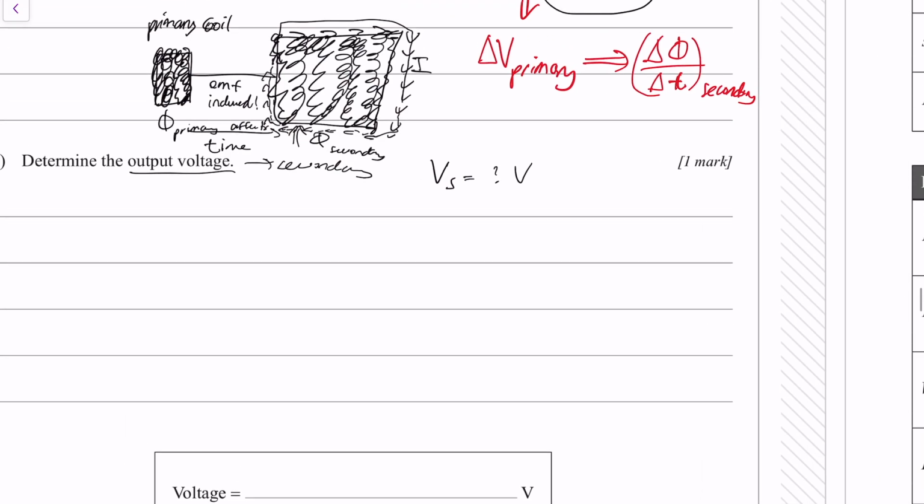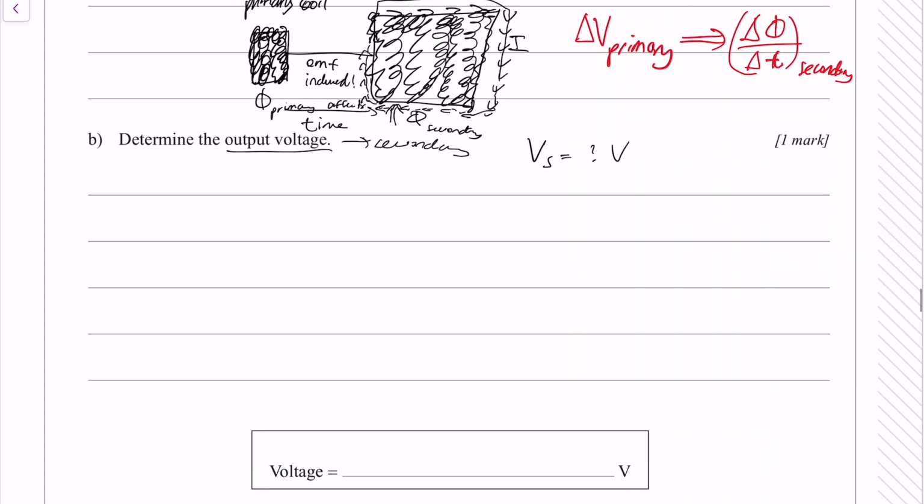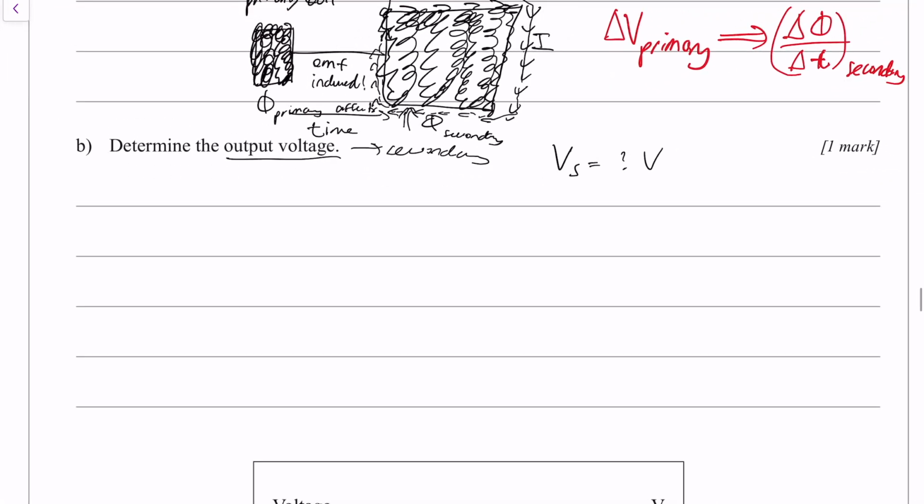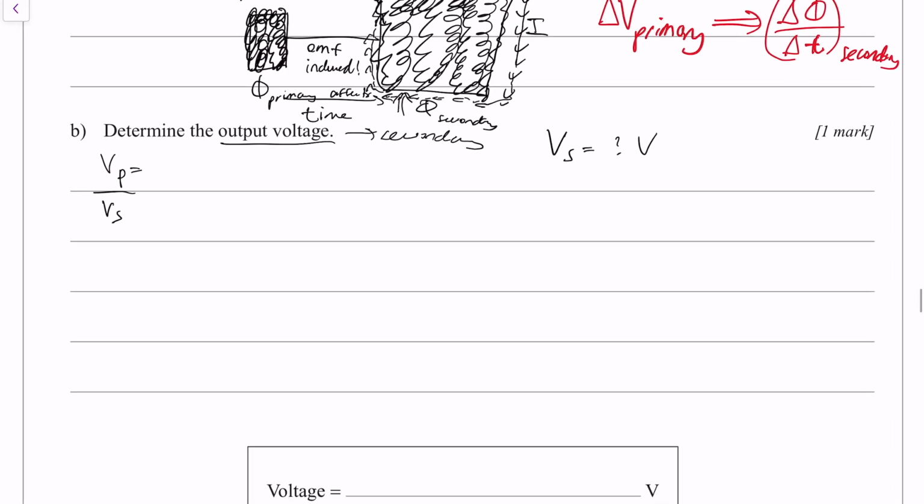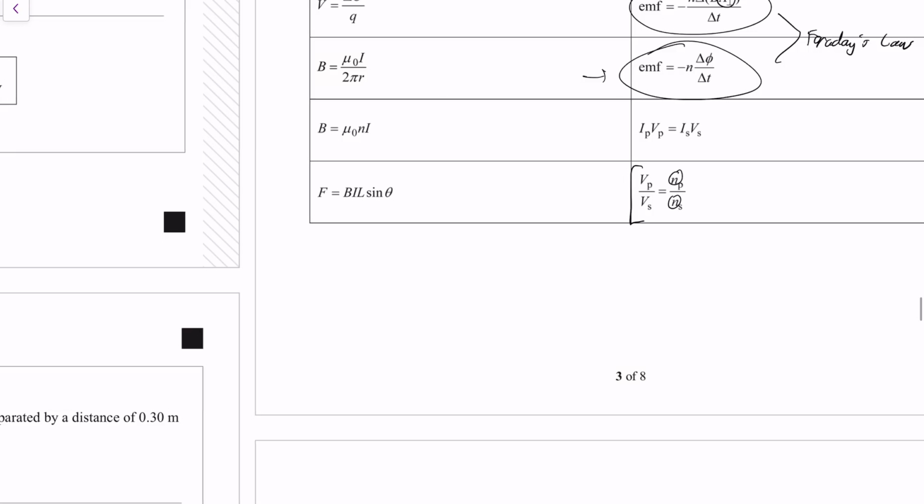I guess at this point what we can do now is just go straight to the formula, to be honest. It's only 1 mark, so this isn't one that requires a lot of working out. You really just get a mark for the answer. Okay, equals n. So that's taken directly, I believe, from the formula.